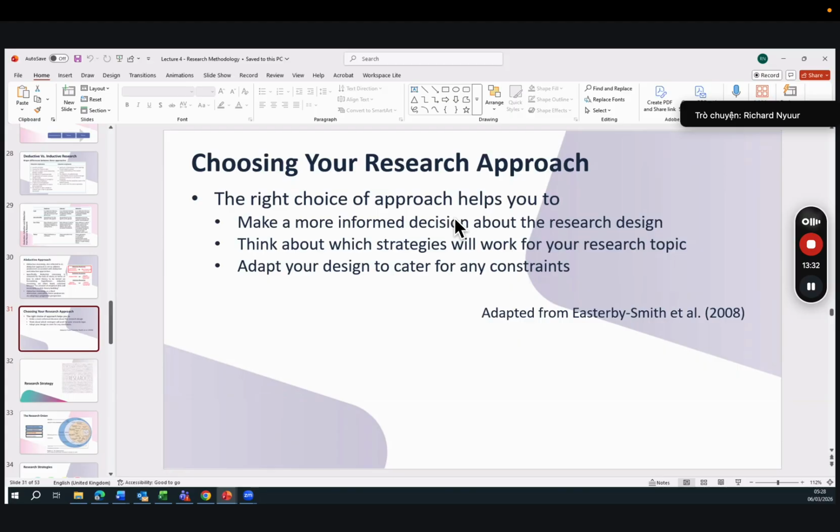The right choice of approach will help you make a more informed decision about your research design. It will help you think which strategies will work for your research topic, and adapt your design to cater for any constraints.